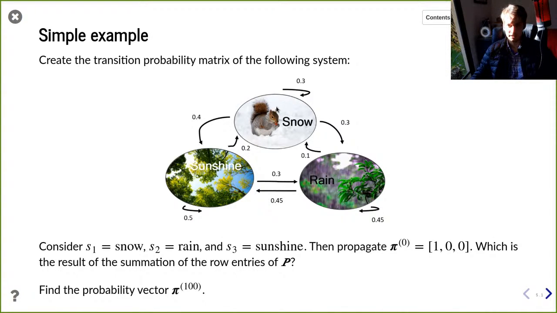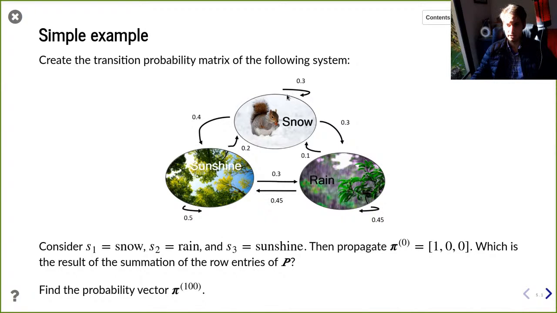For example, the probability of transitioning from the state 1 to the state 2 is given by this arrow and is 0.3. And if you want to go from the state 2 to the state 1, the probability is 0.1.